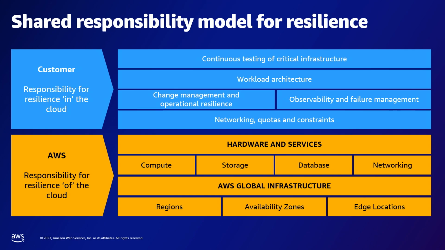AWS operates, manages, and controls the components from the host operating system and virtualization layer down to the physical security of the facilities. On the other hand, customers are responsible for resilience in the cloud, which depends on the services that the customer selects. This determines the amount of configuration work that the customer must perform to achieve workload resilience.